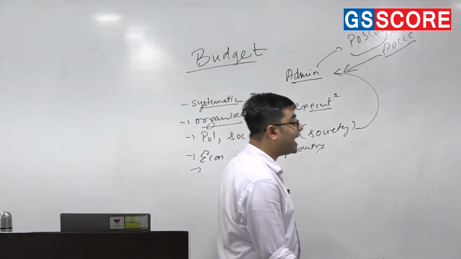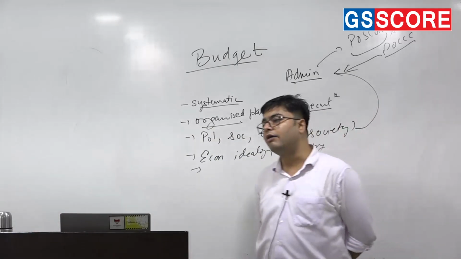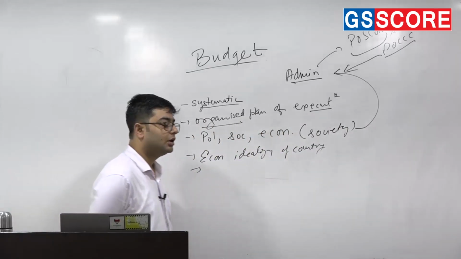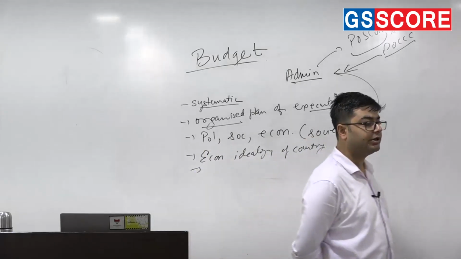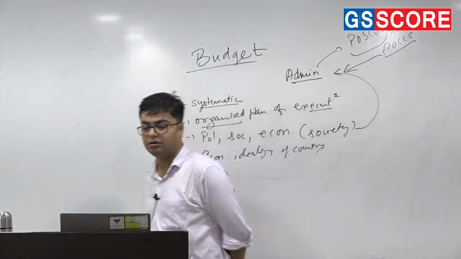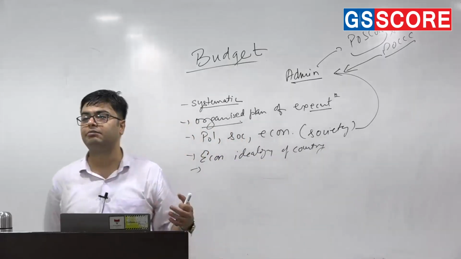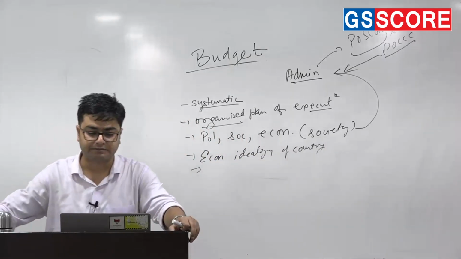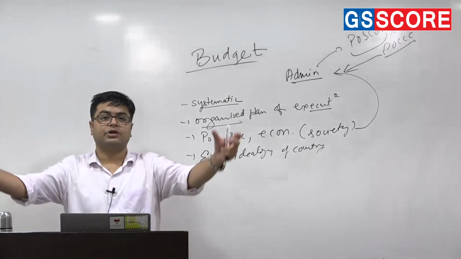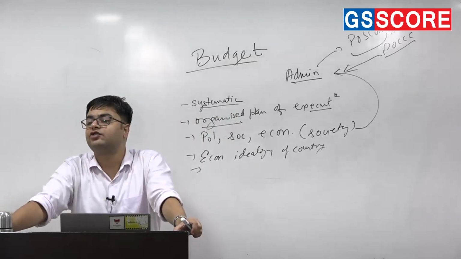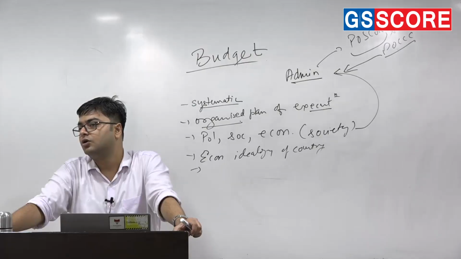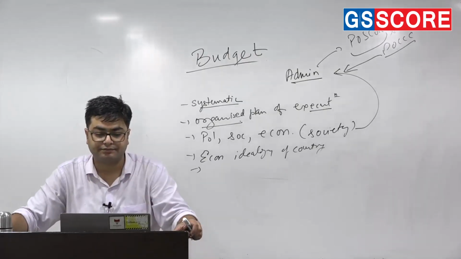Also, it acts as a measure of accountability and control. I guess I've said this more than once before, but legislative accountability. So you would have seen the token cuts, other devices which are there in budgeting. Read Indian polity for that. It helps legislature, which is the collective embodiment of the sovereign will of the people through their representatives, to control the executive.